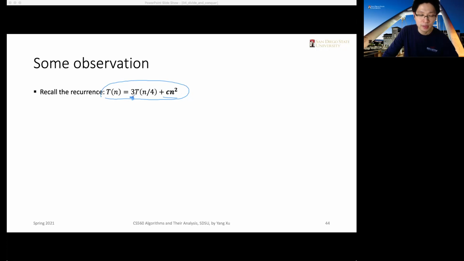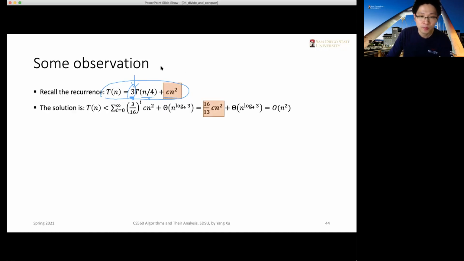In the case of divide and conquer, this quantity 3 means that when we divide the problem into subproblems, we will have 3 such subproblems. And each subproblem is n over 4, a quarter of the original length. Given this recurrence, our solution shows that it's some constant times c n squared plus big theta of n to the power of this quantity.